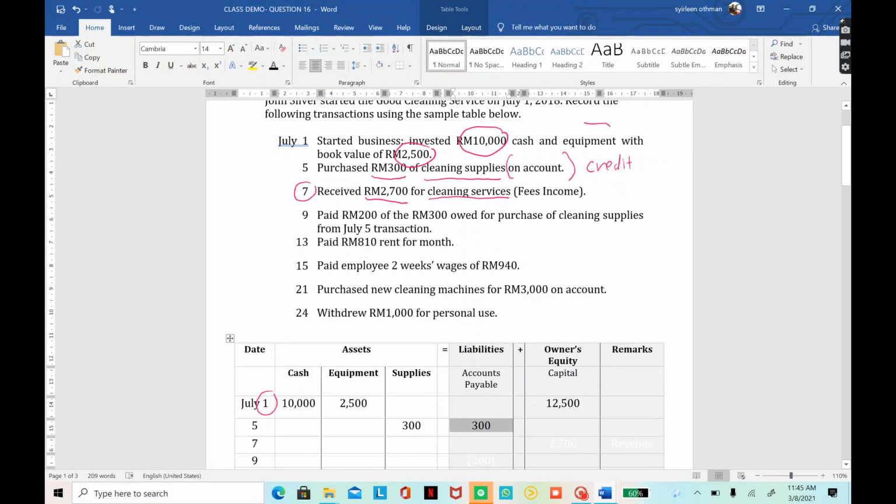So on 7th of July we will add 2,700 ringgit in the cash column, and at the same time we'll put the same amount in the owner's equity column, which is 2,700. And why did we receive 2,700? This is for the revenue.